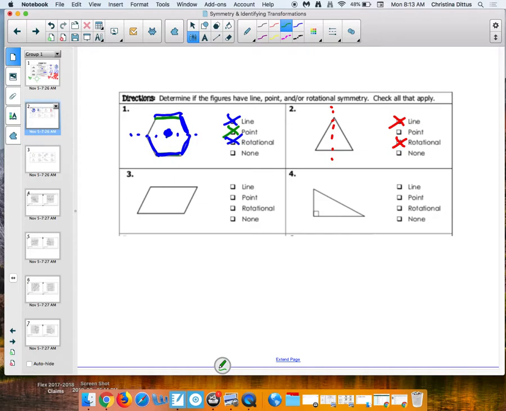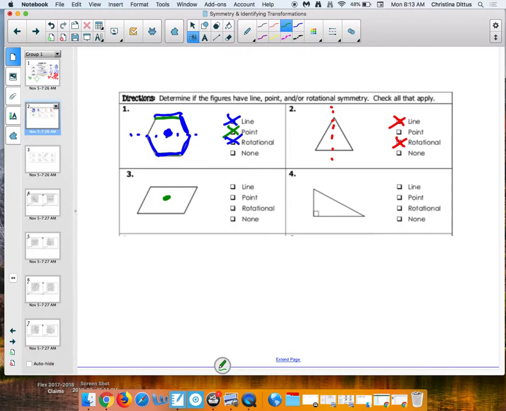Number 3, does that have line symmetry? Yep. Well, you can do it diagonal. Okay, if I do it diagonal, this is going to end up short over here. So there's no diagonal line. What about point? If I put a dot here and rotate it 180, will it land on itself?